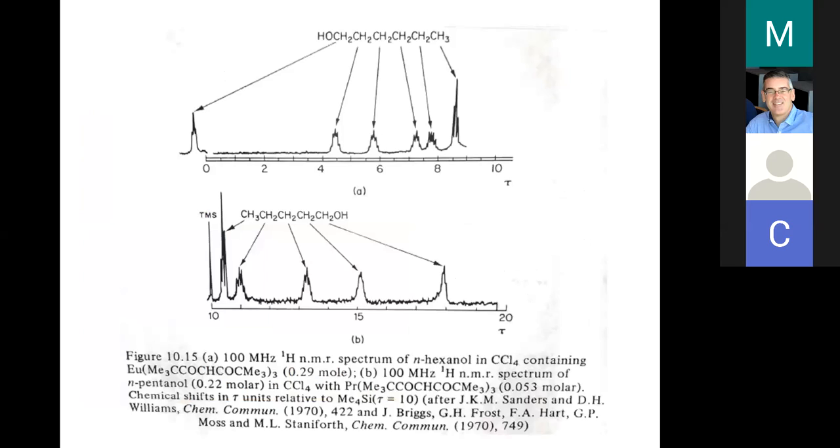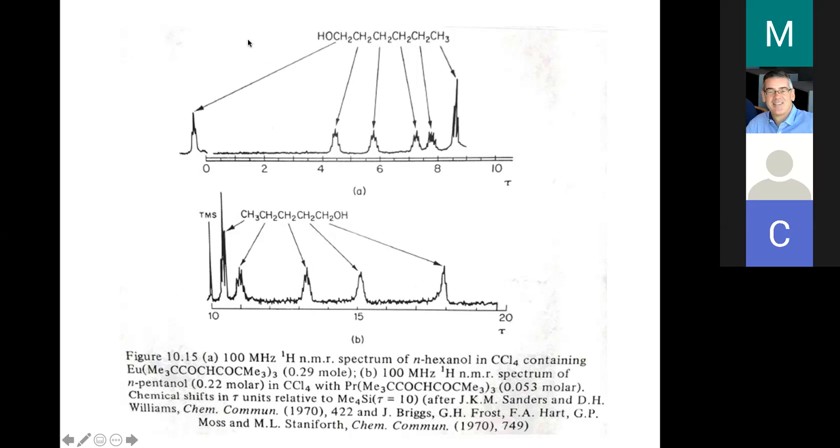And so here are a couple of examples. And you can see that relative to a standard, depending on the shift reagent used, you can get quite different placements for these chemical shifts.